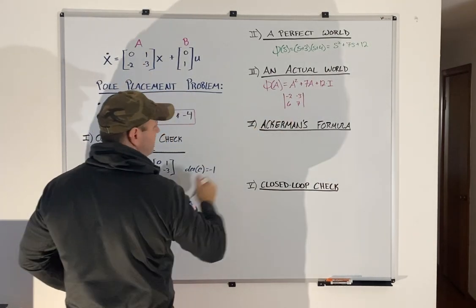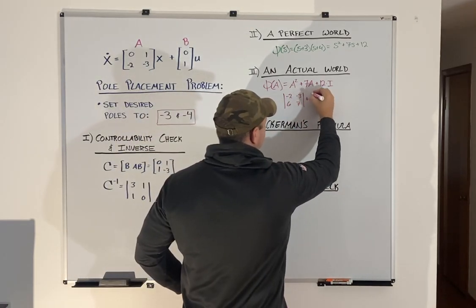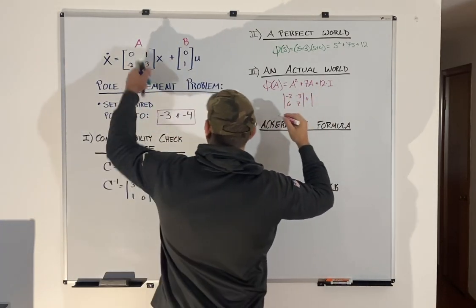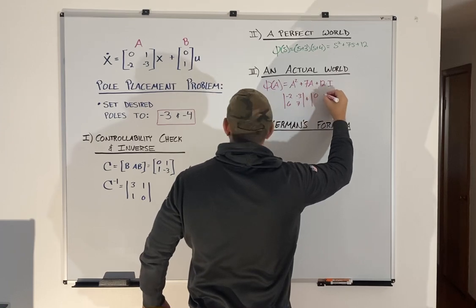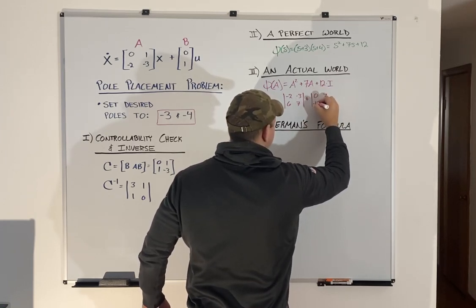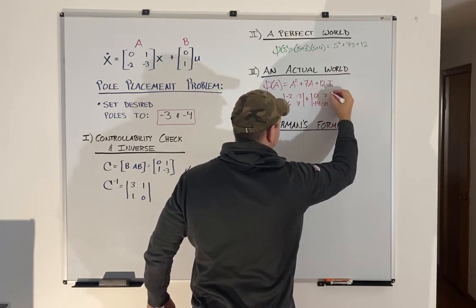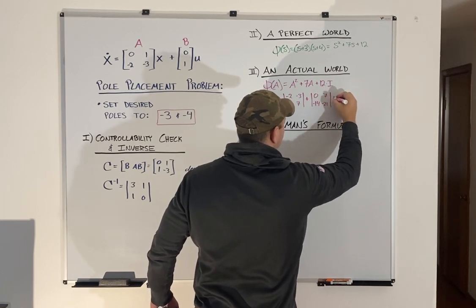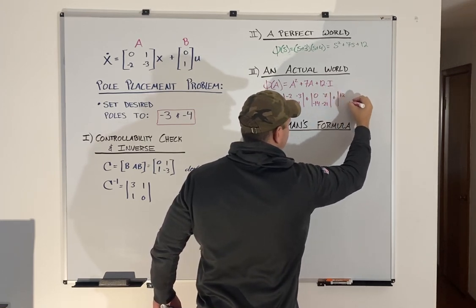We need plus 7 times A, so let's distribute a 7 in: [0, 7; -14, -21]. And then we'll add an identity times 12.